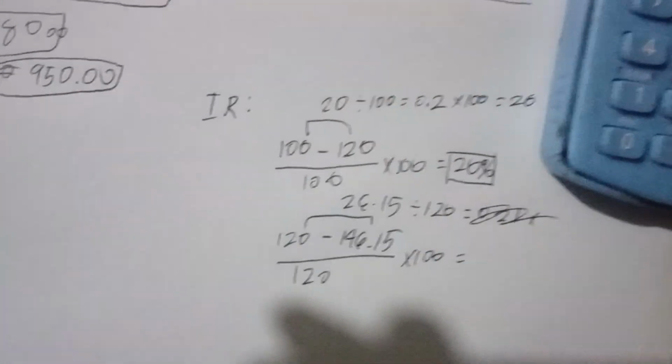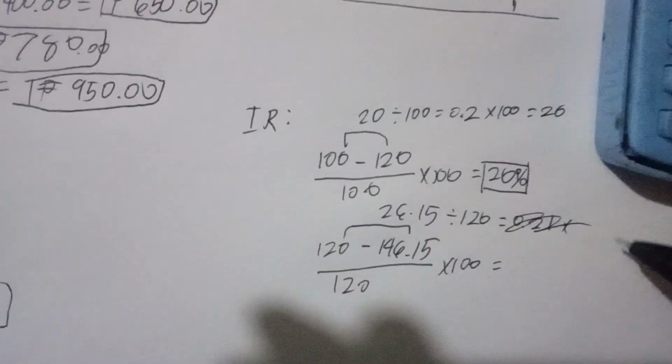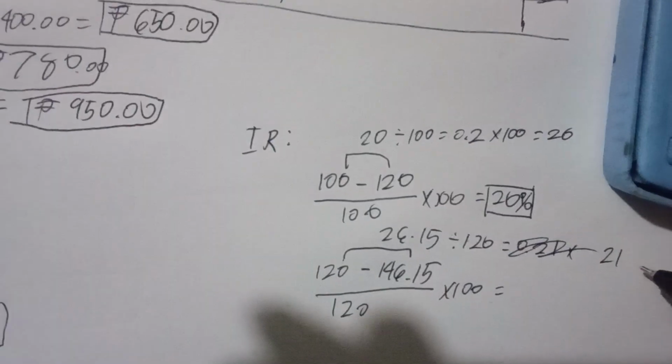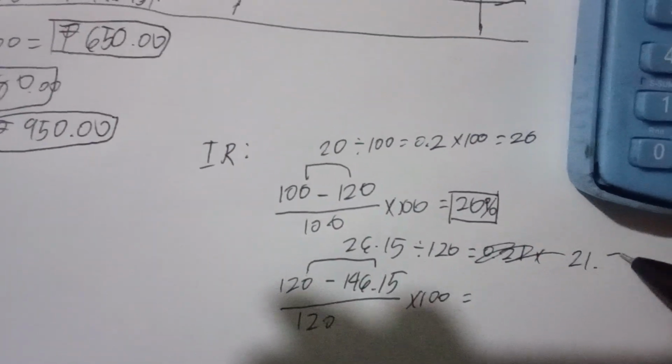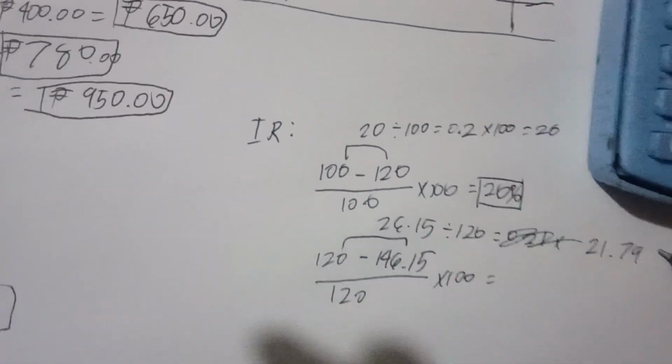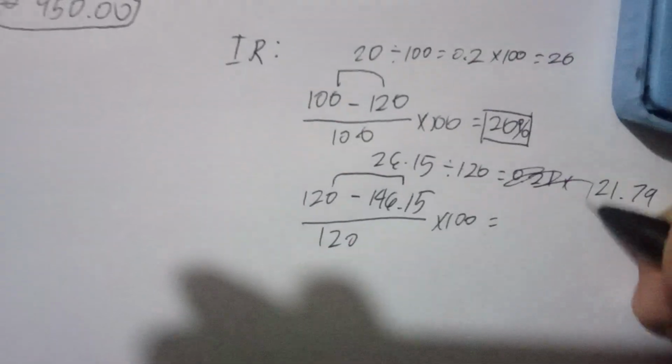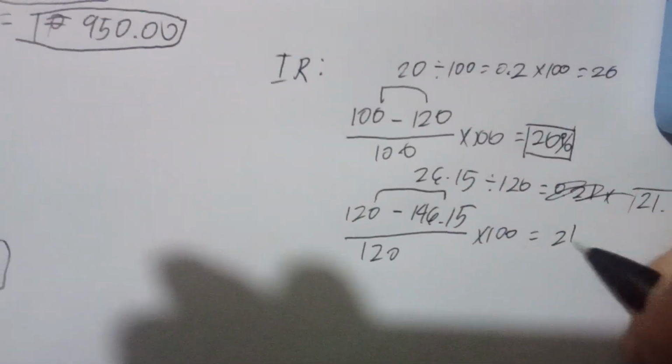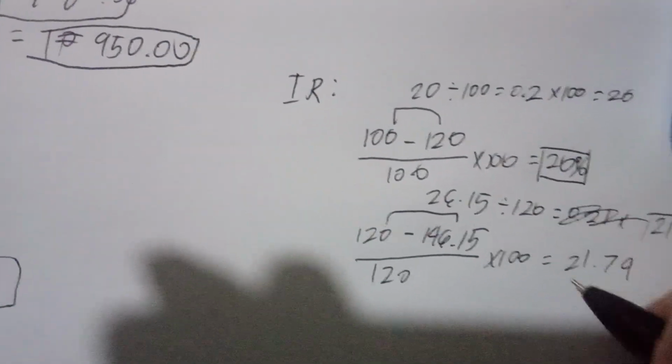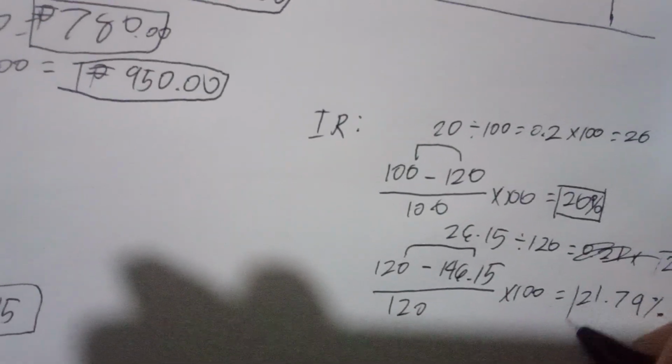Right now, we times that by 100, it's 21.79, and that's how we got our answer of 21.79 percent.